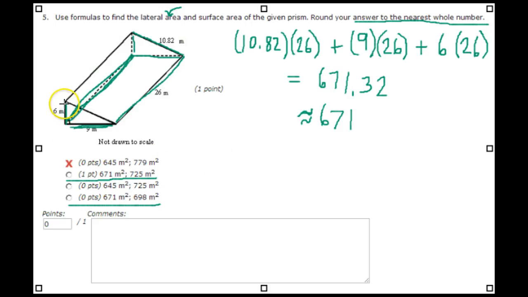One of the bases here is going to be 6 by 9. So if we add in 6 times 9 times a half, because it's a triangle, 1/2 base times height. And then the upper triangle is going to be the same dimensions.